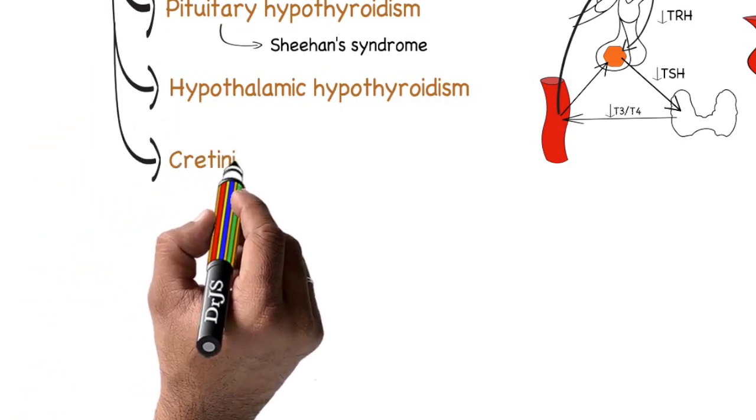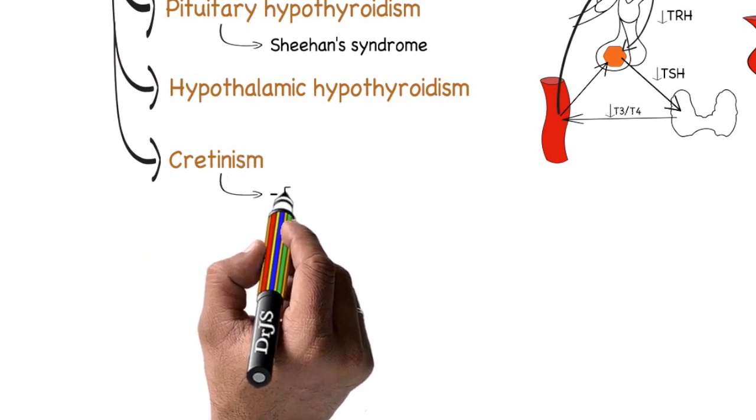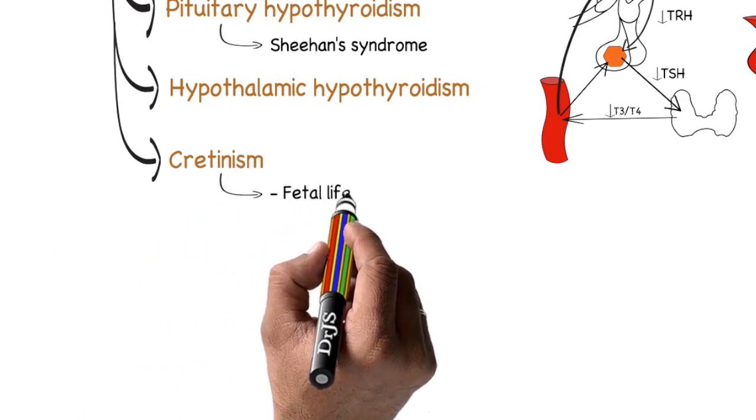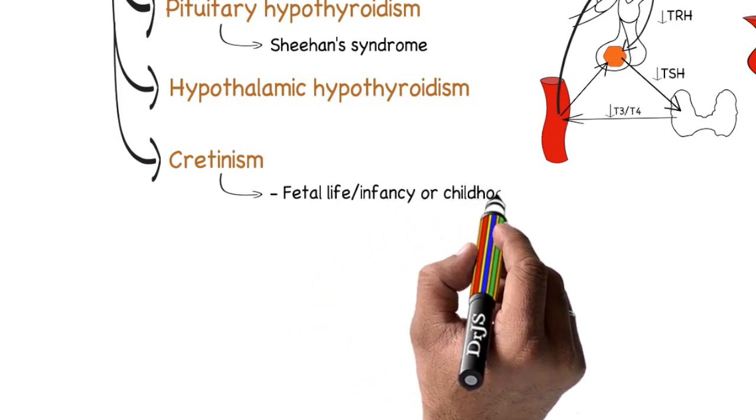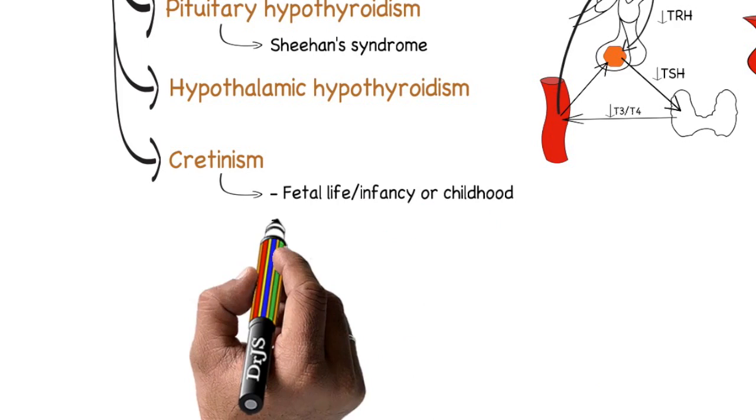Cretinism. This type of condition occurs in fetal life, infancy and childhood, in which there is body growth failure and mental retardation.